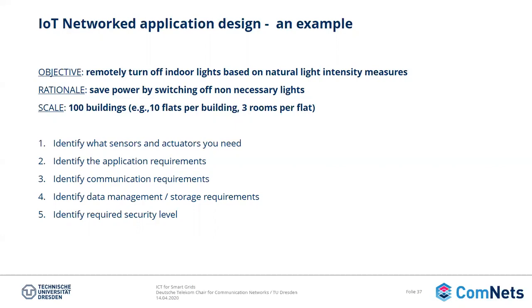You can work with 100 buildings, which can be maybe like a 500-meter radius, which means that you need some wireless technology that covers a big area. And the second part of this question is how fast should this communication be?